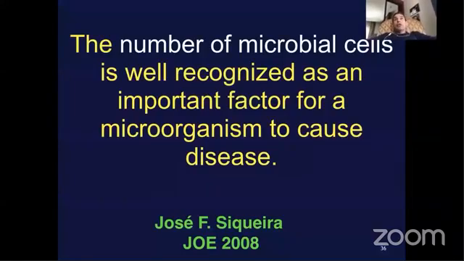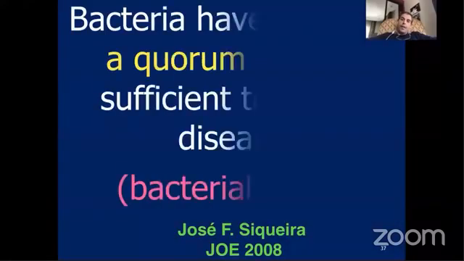Another important issue I want to elaborate. The number of microbial cells is well recognized as an important factor for microorganisms to cause disease. Sequeira made a new diagram showing us the effect of the number of microorganisms.